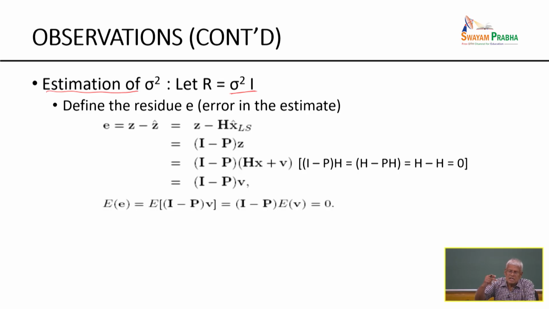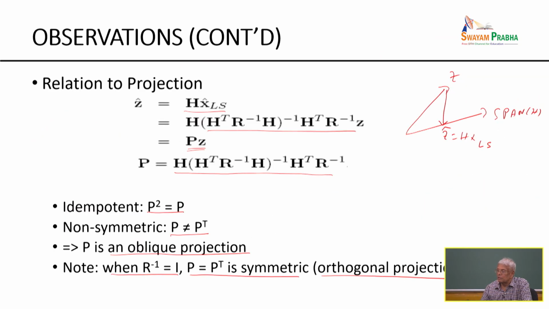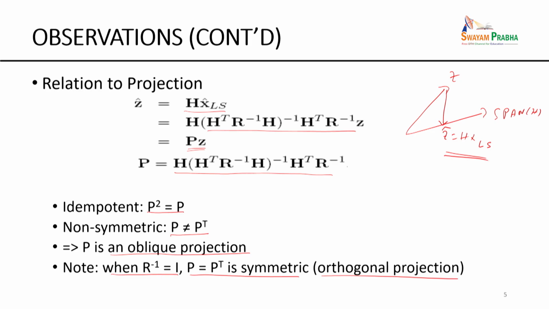So we did an analysis conditioned on sigma square being known. Now, if sigma square is not known, how am I going to estimate that? To that end, I am now going to consider the residual. Please understand, z hat is the estimate of z. You remember z hat from the oblique projection, the picture in slide 5.